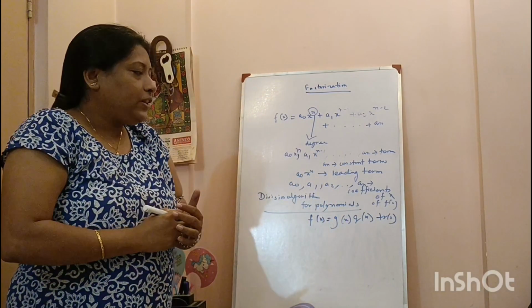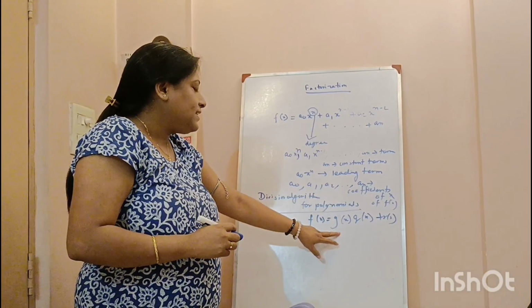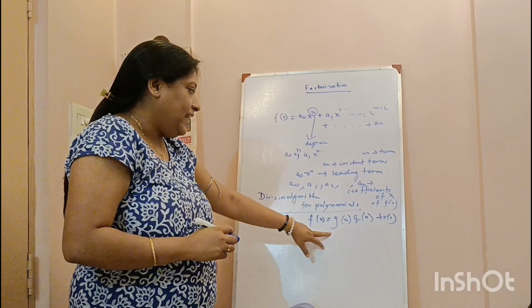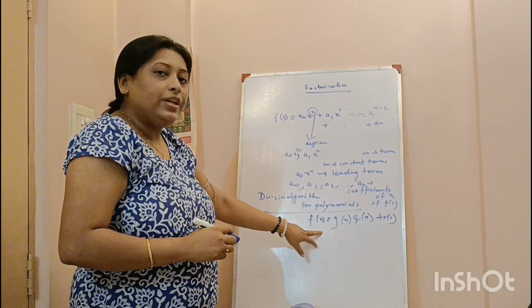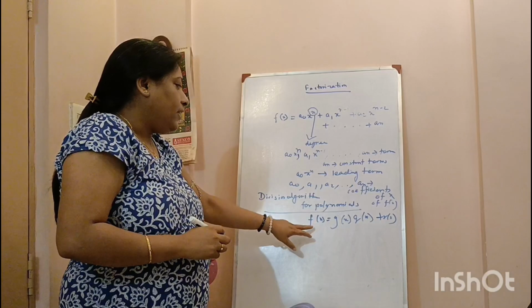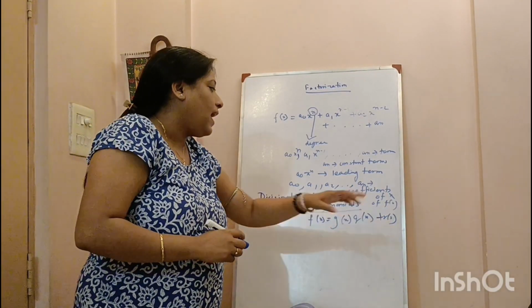So what the theorem says is that if f(x) is a polynomial and g(x) is a polynomial and f(x) is divided by g(x), then there exist unique polynomials q(x) and r(x) such that f(x) equals g(x) into q(x) plus r(x).